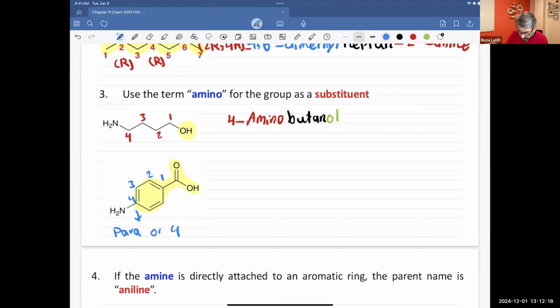So I go 4-amino benzoic acid, or I can say para-amino benzoic acid.